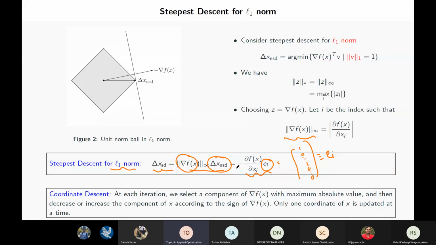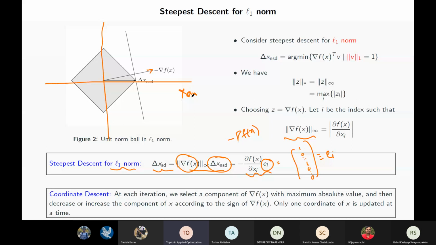So what this says is that rather than going to minus grad f(x) in the Euclidean norm for the steepest descent, it's telling you that you only go in a component-wise way. Although in the Euclidean framework your descent direction was minus grad f(x), you prefer to move only along one of the components. Let us say this is the x-axis and this is the y-axis.